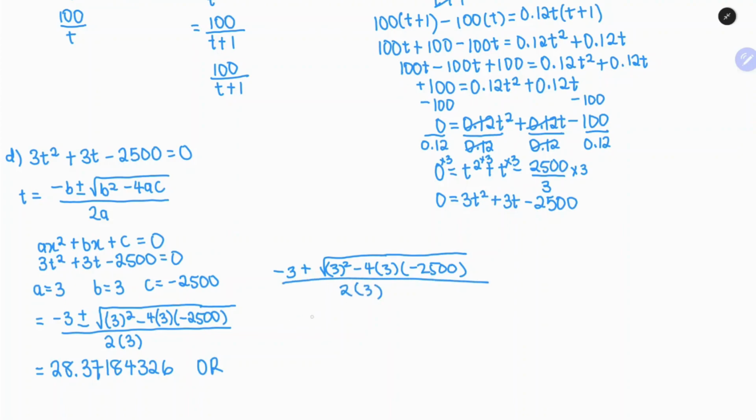And then it also means, and that's why I'm saying we're going to get 2 answers, you also put in negative 3 minus the square root of 3 squared minus 4 times 3, basically the same thing as what I wrote on top, divided by 2 times 3. The first answer that you get is from putting in plus, the second answer from putting in minus. So this is why you are going to get 2 answers for the quadratic equation when you solve it.